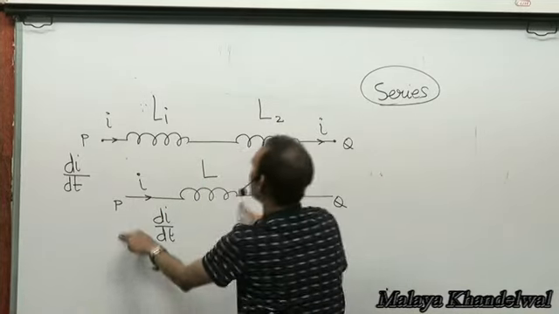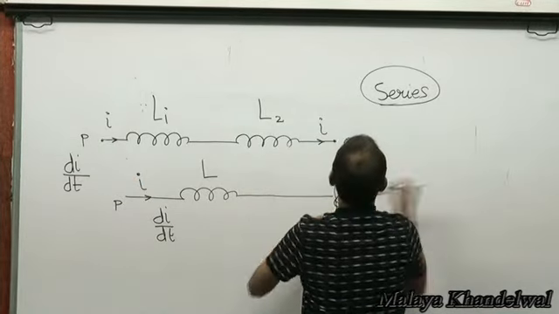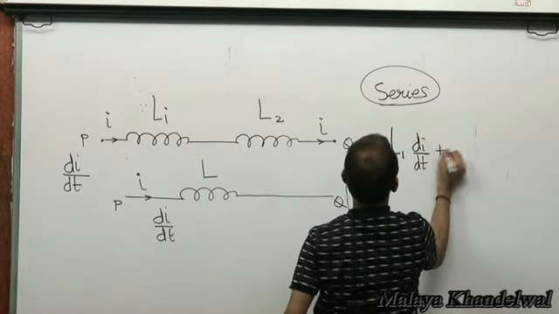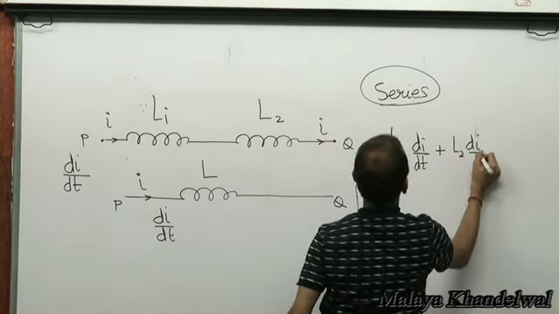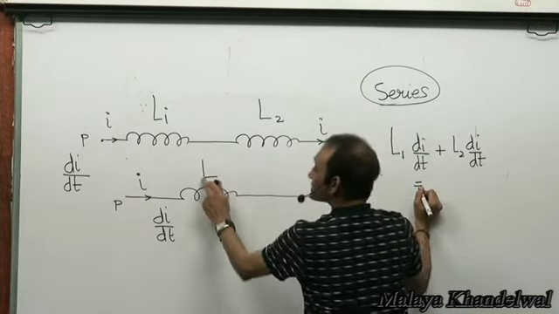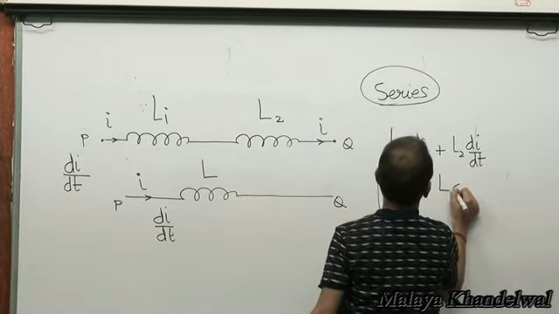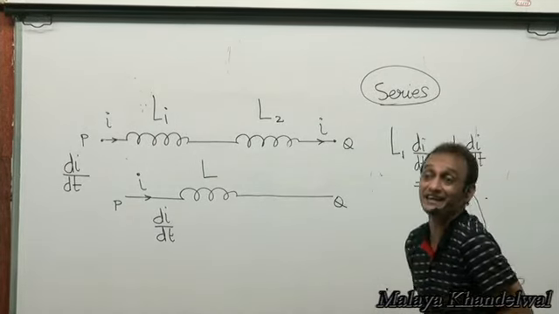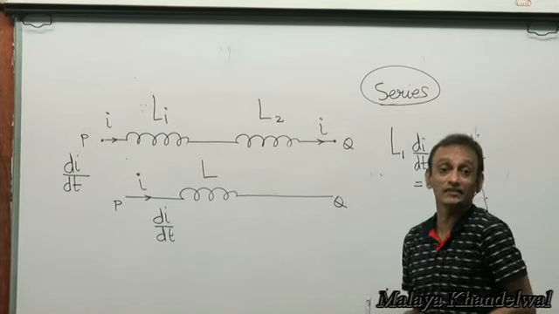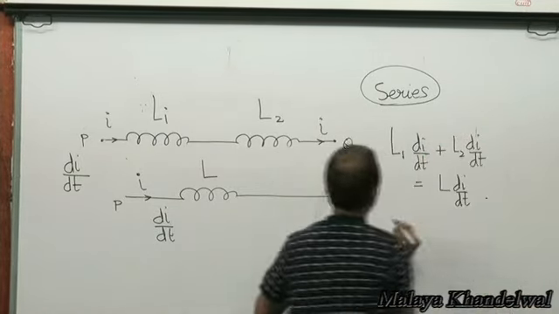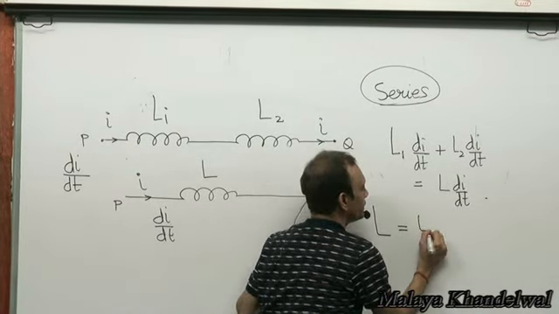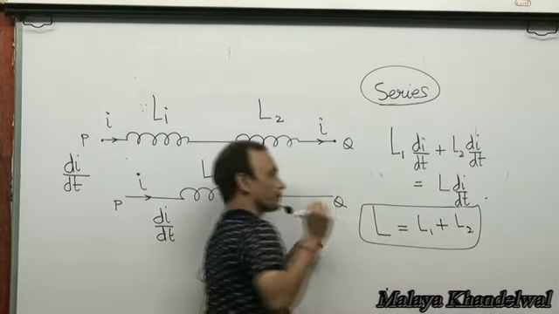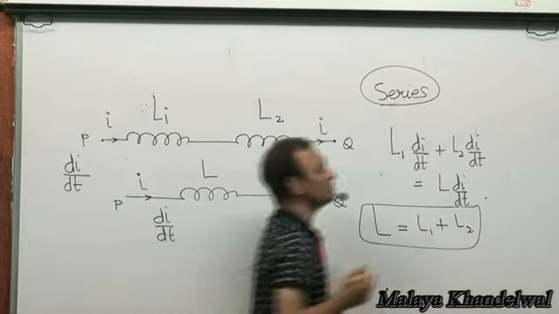Here? L di/dt. So the total drop, L1 di/dt plus L2 di/dt, must be the same as L di/dt, where L is the equivalent inductance for two inductors L1 and L2 in series. So the equivalent L turns out to be L1 plus L2, right?